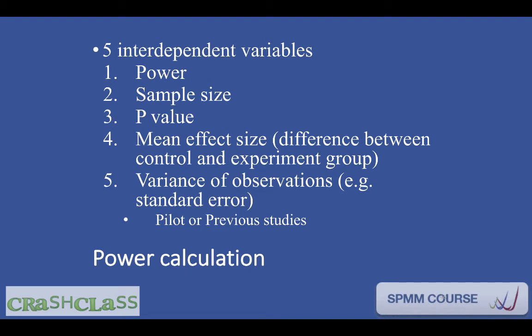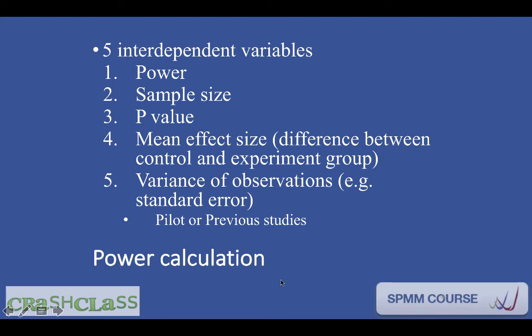So divide the average difference between two groups by the standard deviation, and you get Cohen's d. So Cohen's d captures both effect size and variance. Cohen's d is called standardized mean difference, SMD. Standardization takes care of variance, mean difference takes care of the effect size.